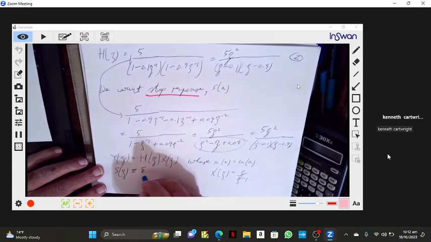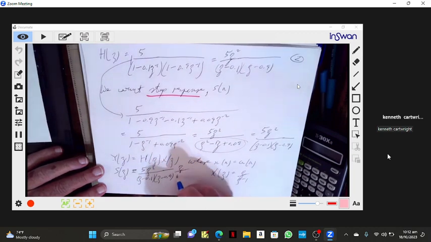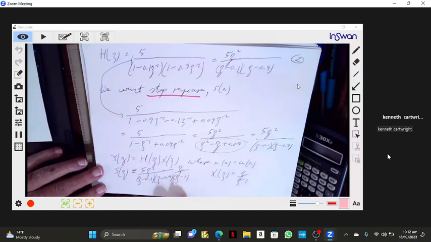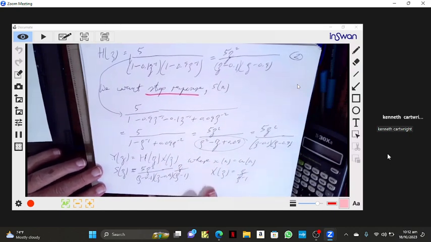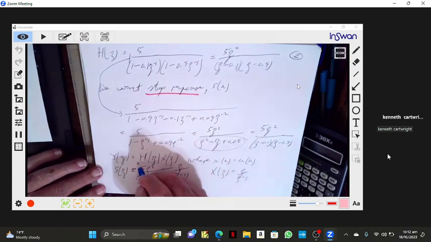will be 5z squared over z minus 0.1 times z minus 0.9, times z over z minus 1. This is what you have to find the inverse z of.